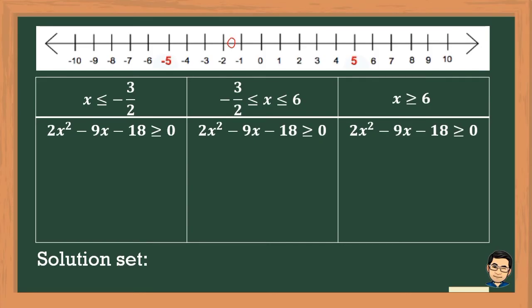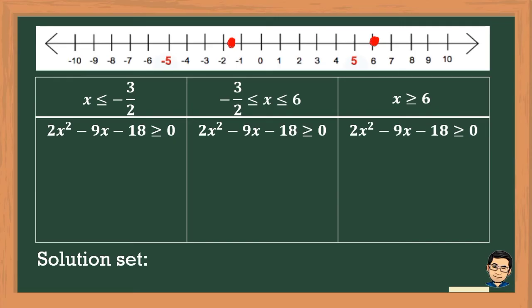Okay. So, since yung ating inequality symbol may equal to na sa baba, hindi na po siya open dot. So, close dot na po, pareho. Next, yung isa naman, yung 6. So, positive 6, ito po siya. So, again, close dot din po siya.